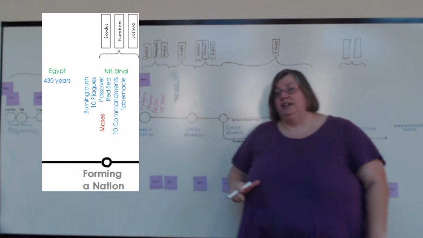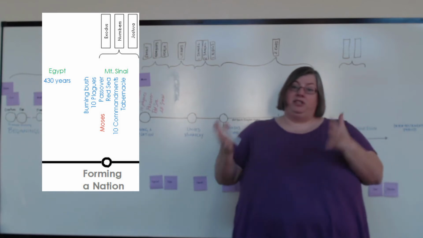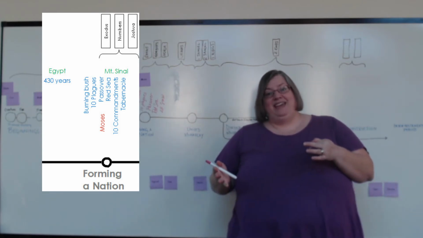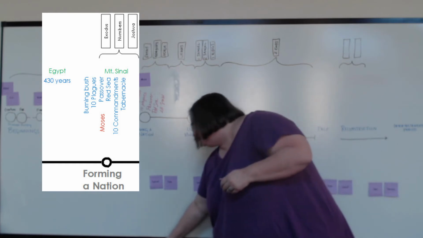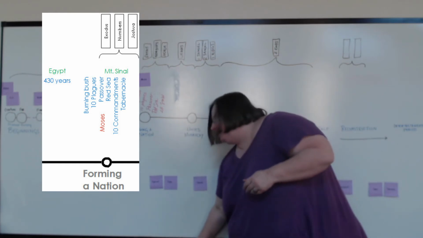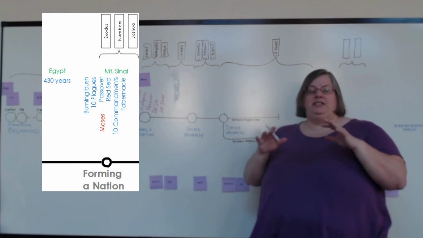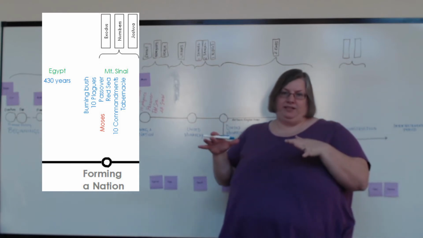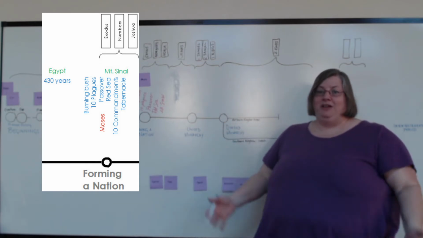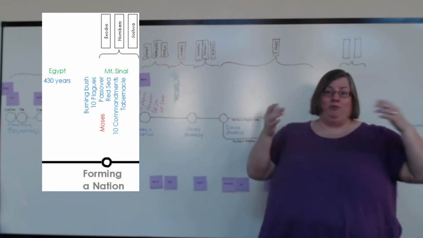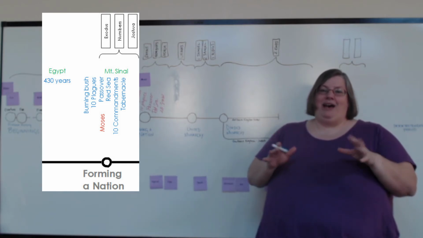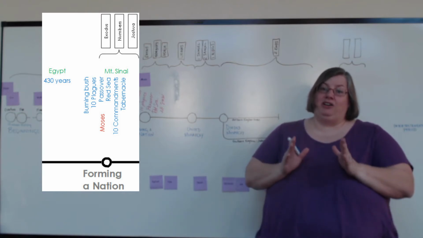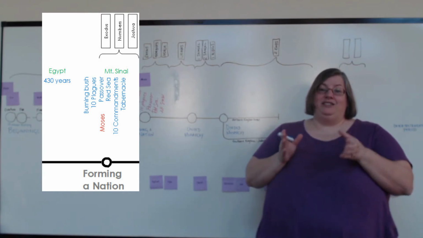And it's here that God is going to give them first the 10 Commandments and then instructions for the tabernacle. And I want to point out the tabernacle because this is a moving worship space. It's sort of like being able to pick up your church and move it from one place to another. But more importantly, the tabernacle and its furniture, specifically the Ark of the Covenant, is the throne of God.